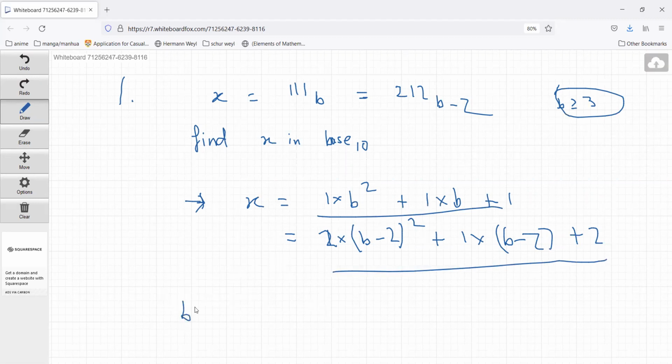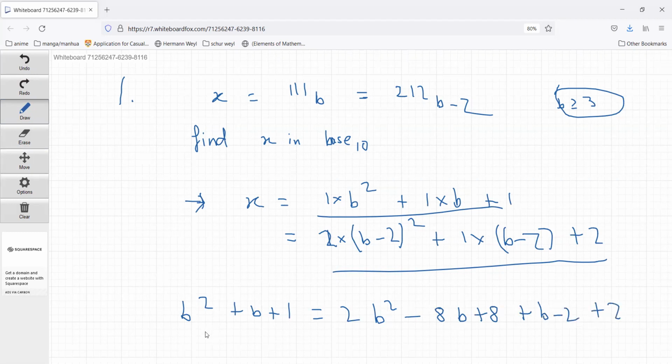So b squared plus b plus 1 equals 2b squared minus 8b plus 8 plus b minus 2 plus 2.